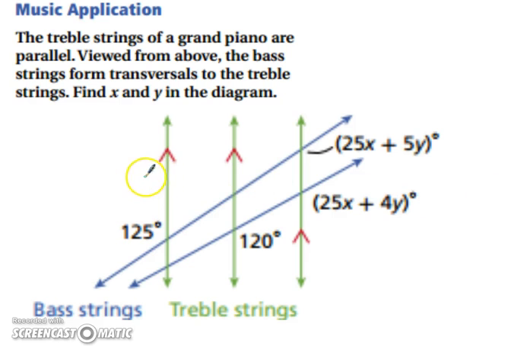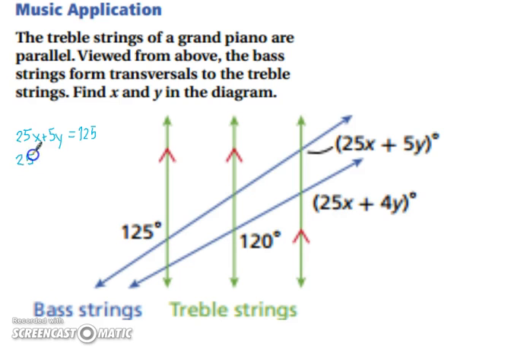We know that 25x plus 5y needs to equal 125. And we also know that 25x plus 4y needs to equal 120 degrees because of the corresponding angles postulate.